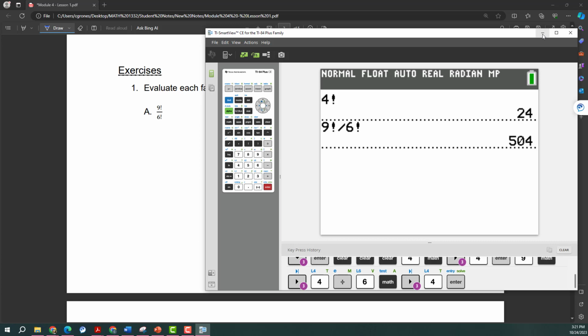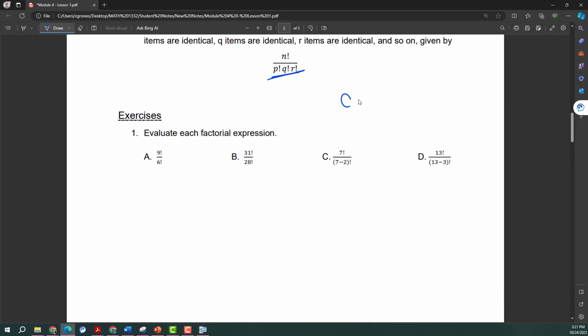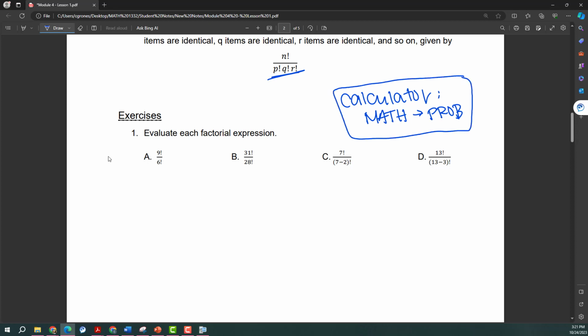Oh, there it is. Right. So on the calculator, math, and then probability is where you'll find everything. So yes, the first one was 504.